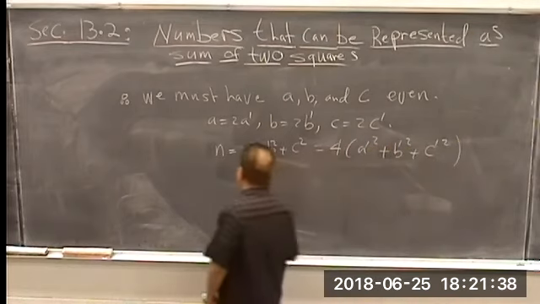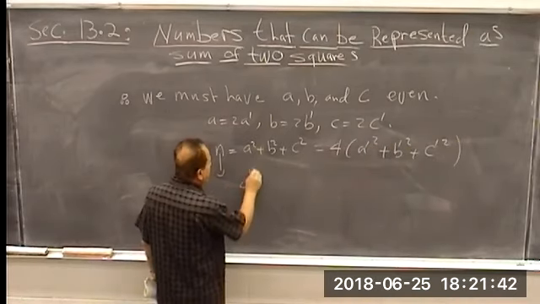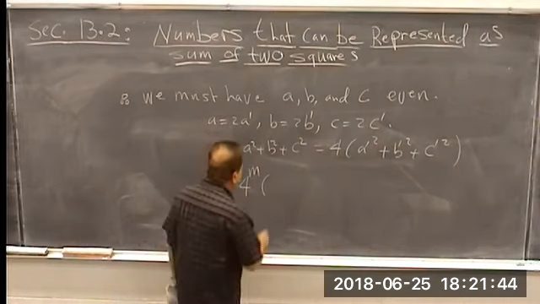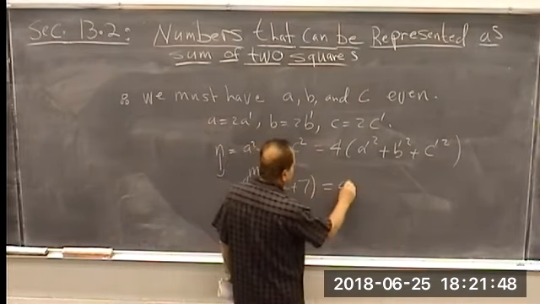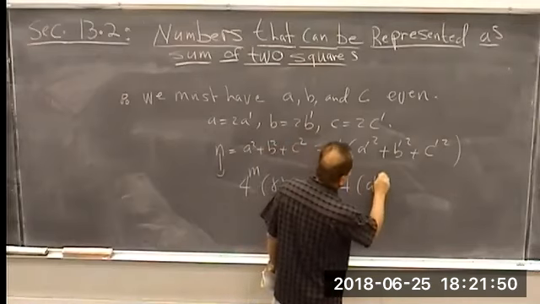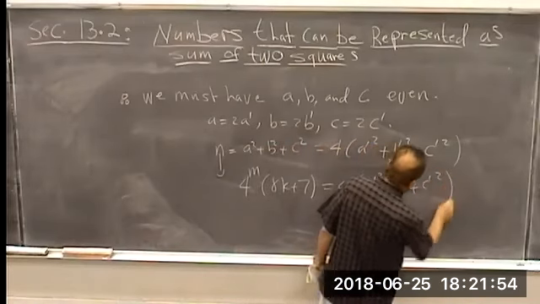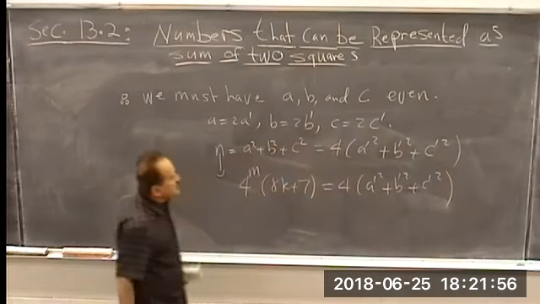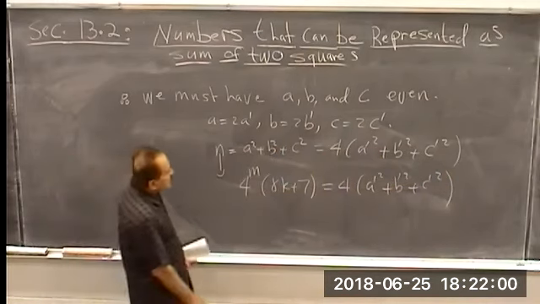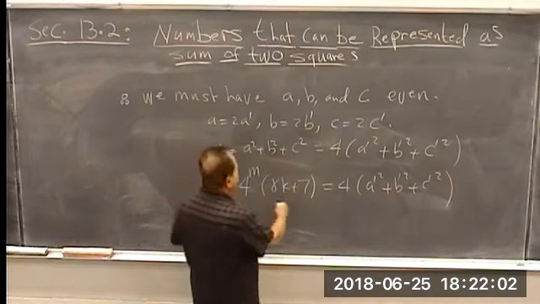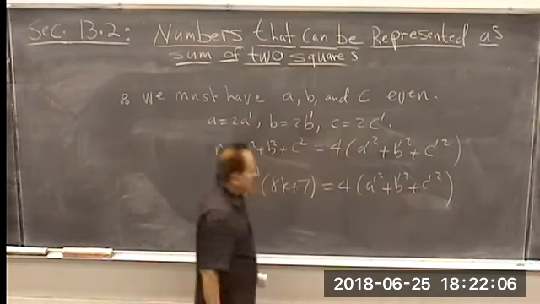Now remember what n is: 4 to the m times (8k plus 7) equals 4 times (a prime squared plus b prime squared plus c prime squared). So this is where we're able to say that if n is a sum of three squares, then this forces all these to be even and these to be 1.